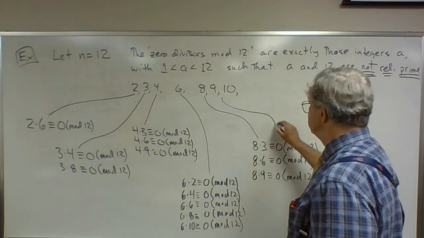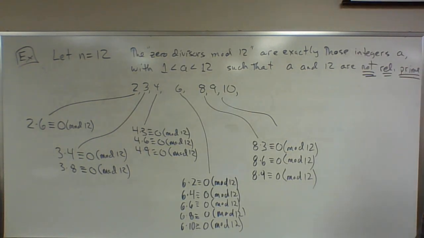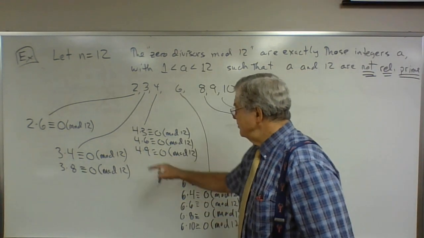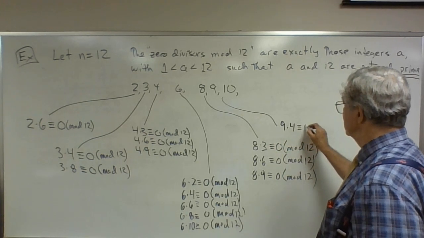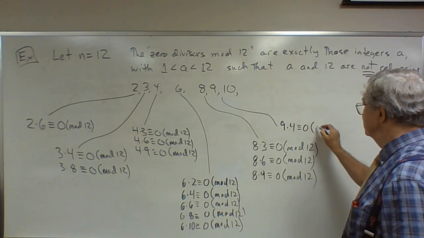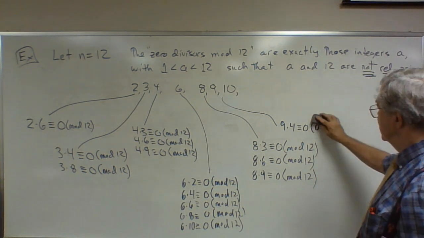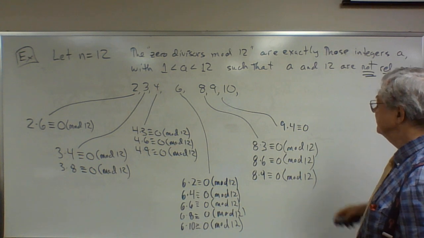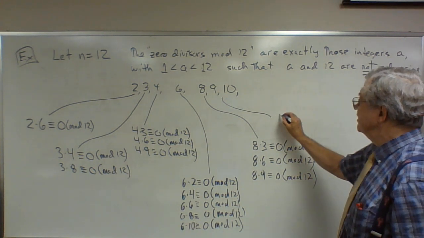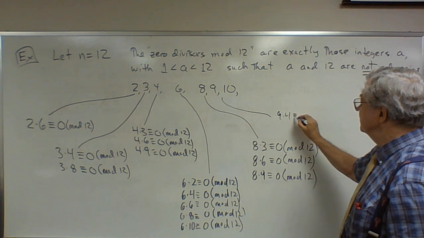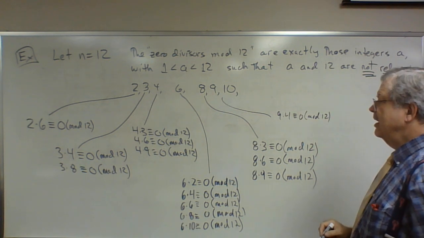Okay, 9. Where have I seen 9 before? 4 times 9 is congruent to 0 mod 12, so 9 times 4 is 36, congruent to 0 mod 12.